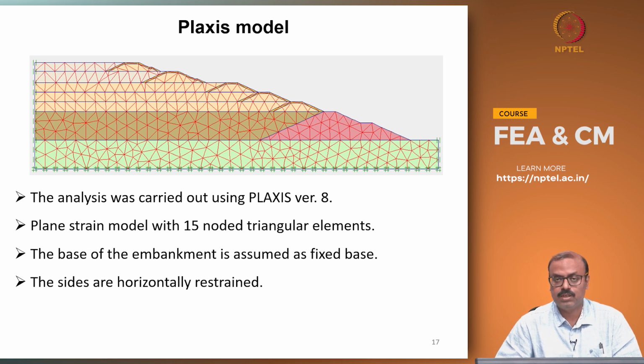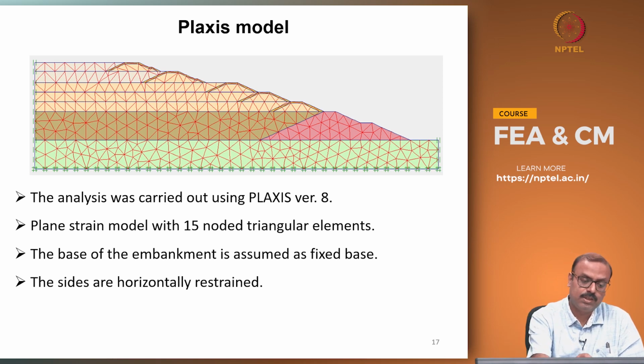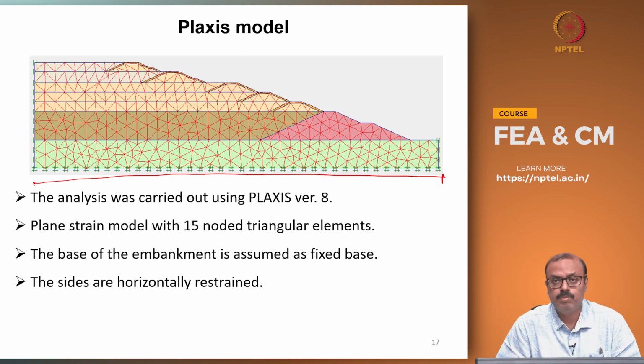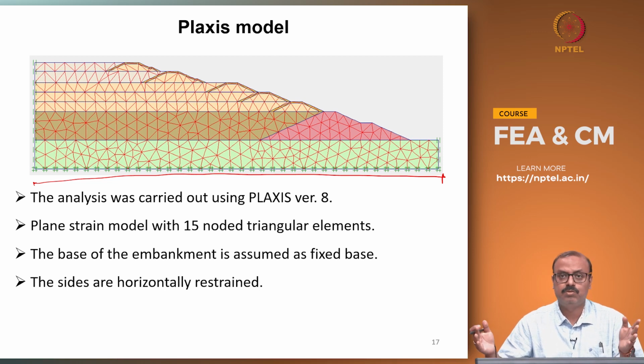One of the major issues of finite element is how to decide the width of this model. There are certain rules, but I would say we have to do a sensitivity analysis to understand what the preferred width of the model should be. You have to do a trial and error method to fix these boundaries.